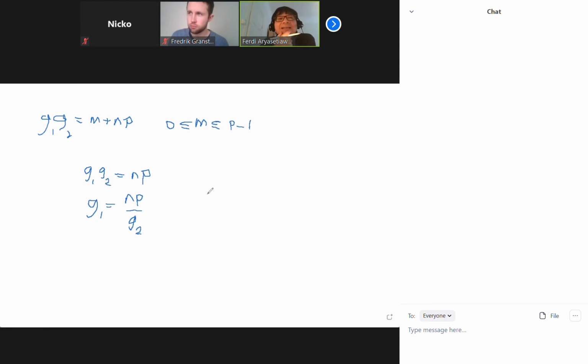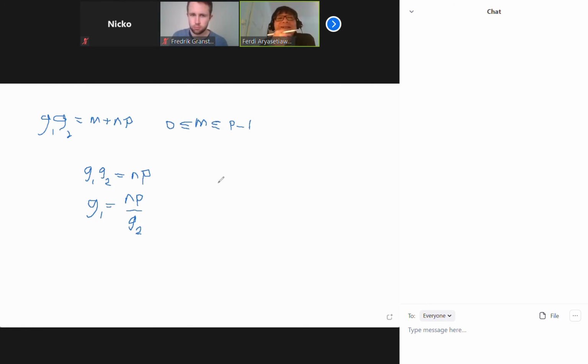And G2 is less than the prime number. So then p divided by G2 cannot be an integer, unless G2 is equal to 1, right?